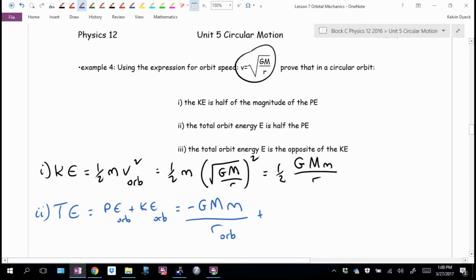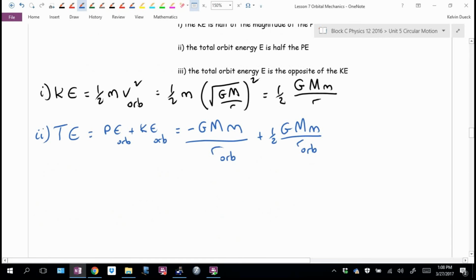Taylor, I'm going to drop your expression down, what we just derived. 1/2 big G, big M, little m over R orb. Kareem, is there a big G in everything? Yep. Sorry, let me be careful. Is there a big G in both these terms? Yep. Big M in both these terms? Yep. Little m in both these terms? An R orb in both these terms?